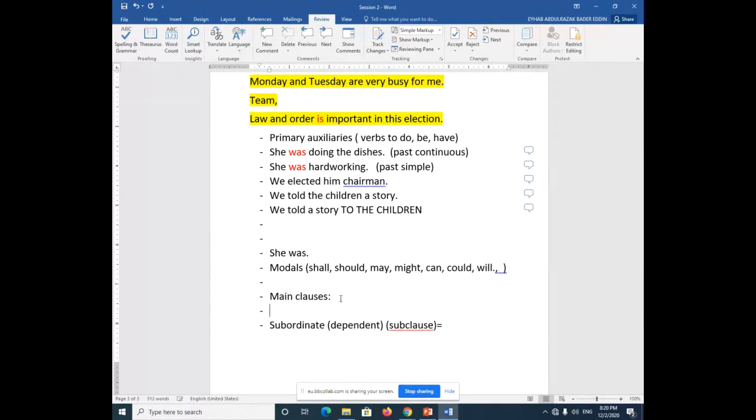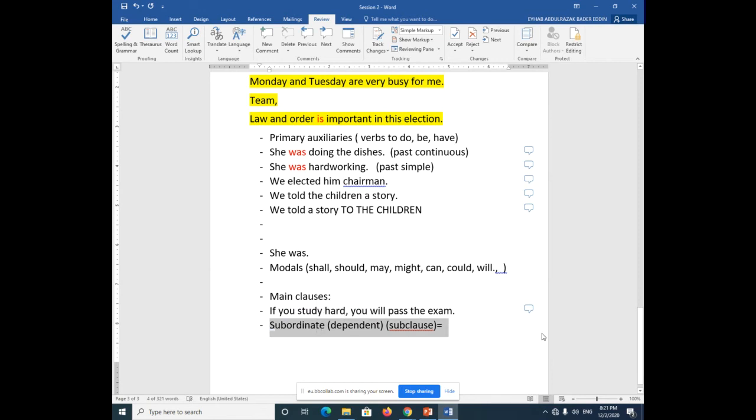For example, if you study hard, you will pass the exam. If we said, if you study hard, and we stopped, do you think that this is meaningful, or that a complete thought is conveyed? No, of course not.